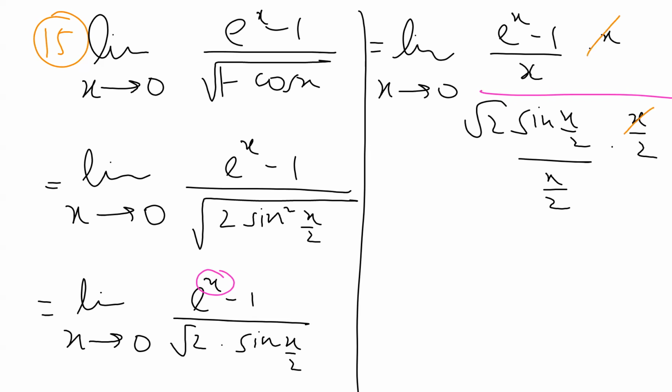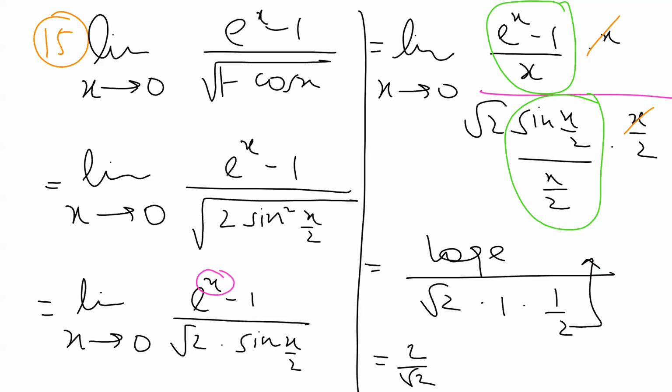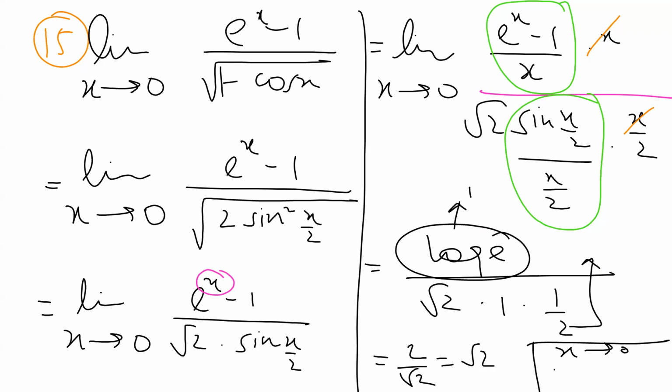One x will get cancelled. After cancellation, value substitution. Log e, root 2, 1 and half. Now this 2 will go up, 2 by root 2, because log e is 1, and 2 by root 2 is root 2. X approaches 0, x by 2 also approaches 0.